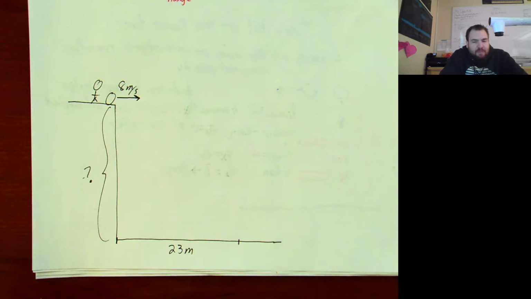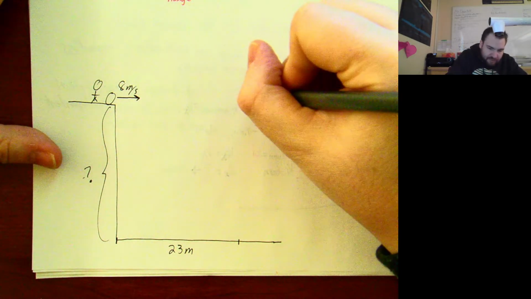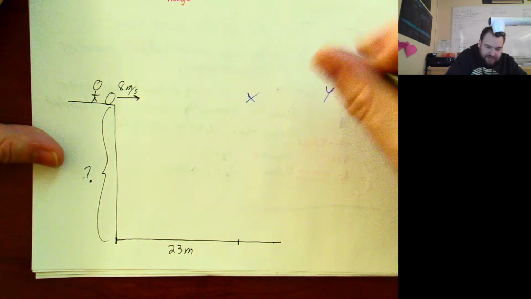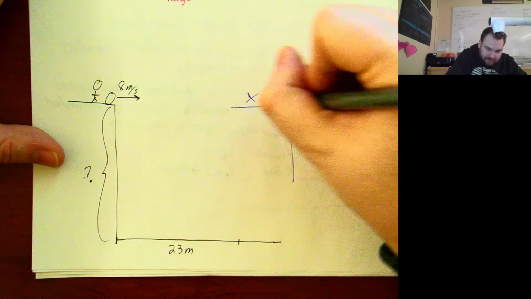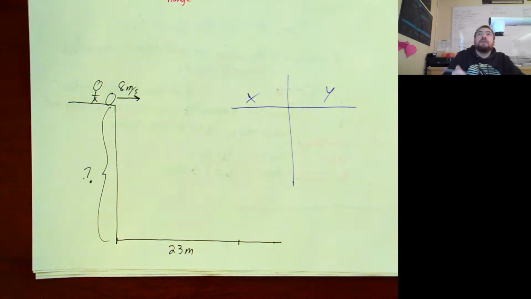So for any problem like this, we set it up exactly the same way. When you've got an object moving in 2 dimensions, split up those dimensions because they are going to be independent of each other but related usually by a single variable. So I'm going to break up this projectile into my horizontal and vertical components.